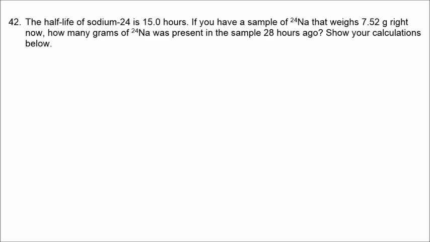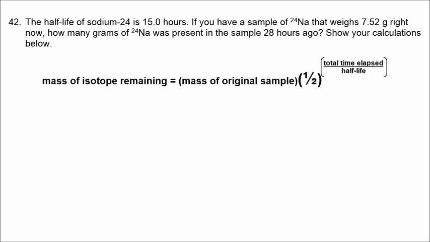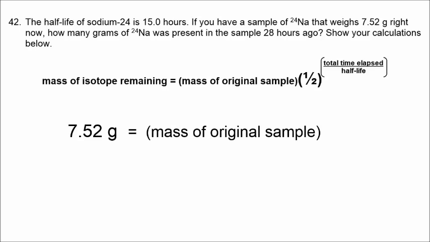In our next half-life example, same equation, but this time we're trying to figure out how many grams of this isotope was originally present 28 hours ago. We know that right now we have 7.52 grams. We don't know the mass of the original sample, and we know the total time was 28 hours.